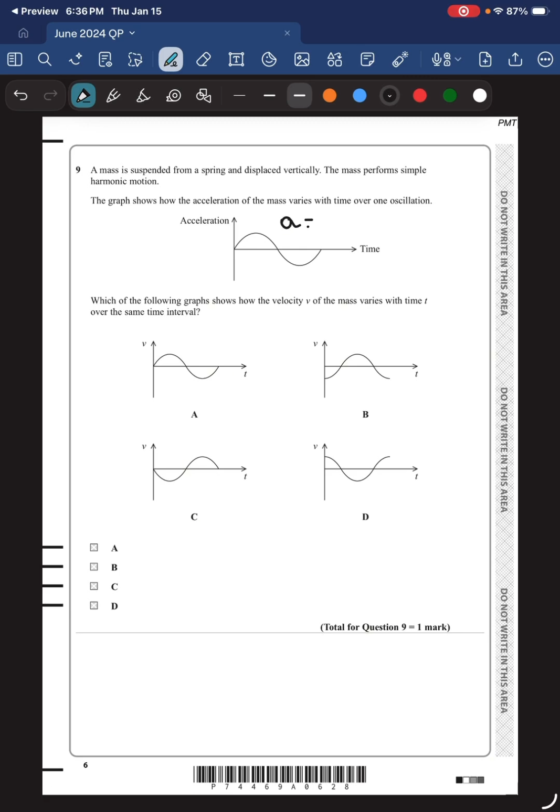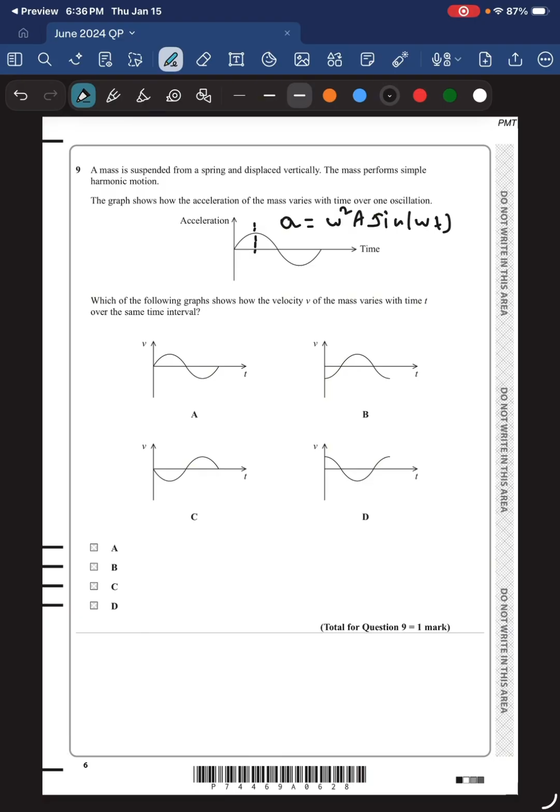And the equation describing this is omega squared A sine omega t. How do I know that it's a sine? Because at time 0, the acceleration is 0, and then at time T over 4, we get a maximum, okay? So this looks like a sine function, so that's the acceleration, okay?